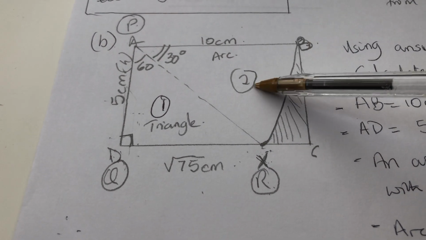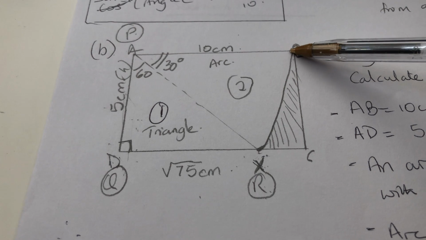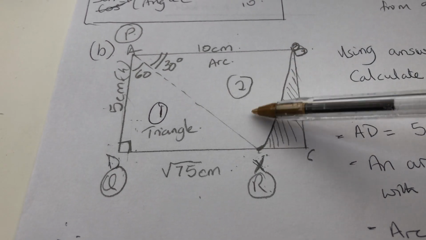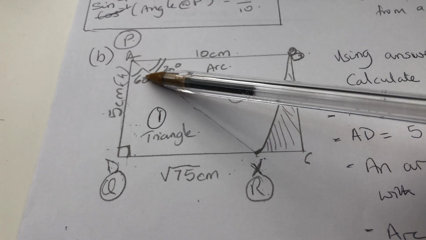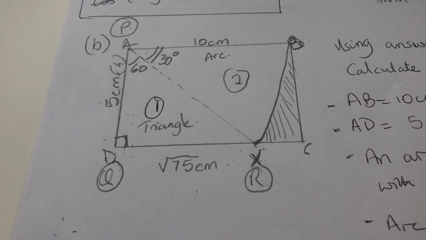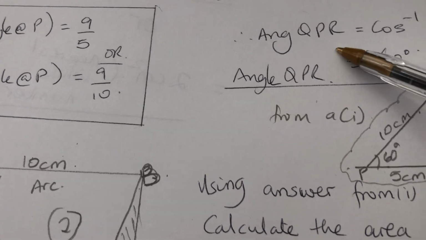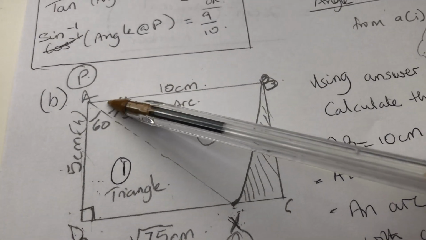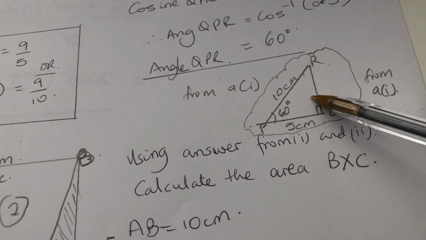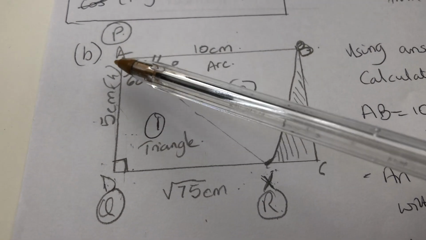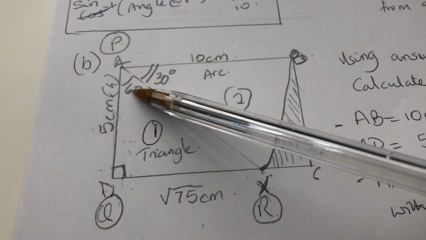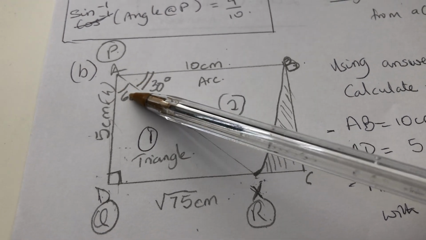Now we need to find this area. Remember, they've told you it's an arc. So this angle that we found is 60 from the first part of the question. If I fit this triangle in there, this is a right angle triangle, this is a corner of a rectangle.